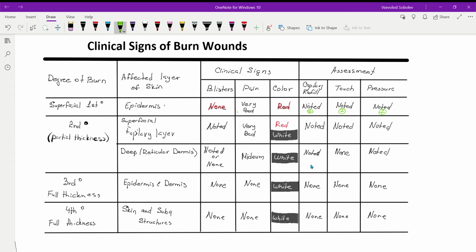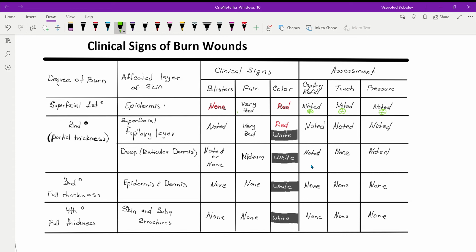So when you press on the area, the capillary fill does occur. They do feel the touch, the nerves are still there, and they will feel the pressure, and they will ask you to stop doing that.